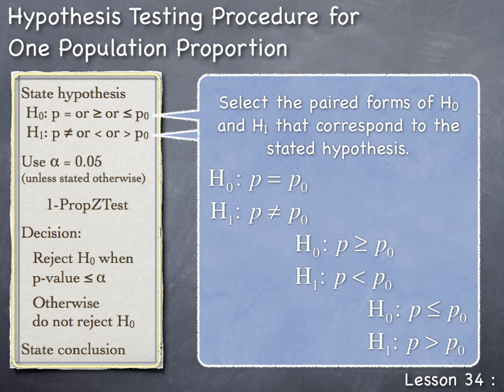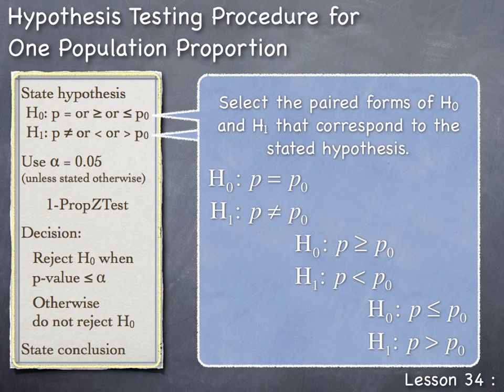There are three pairs: H0, H1 involving P equals a particular value versus P not equal to a particular value, or the H0, H1 of P greater than or equal to a particular value, or P less than a particular value, or the H0, H1 of P less than or equal to the particular value, or P greater than that particular value.